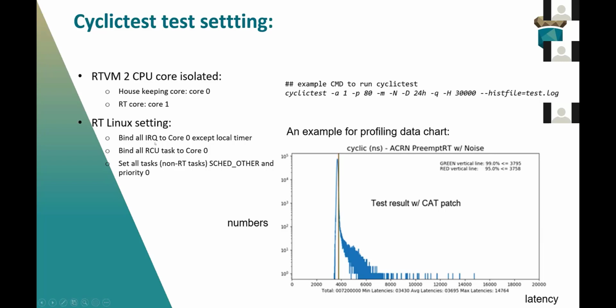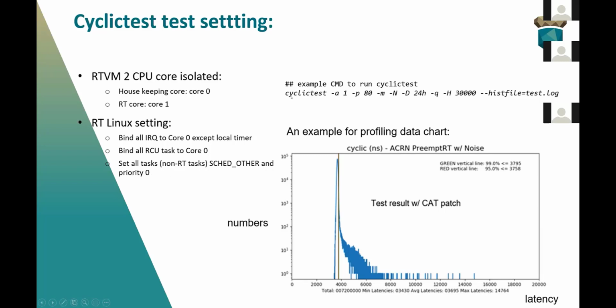We bind all the IRQs to core 0 except the local timer. Also, we bind all the RCU tasks to core 0, and set all non-RT tasks to core 0.